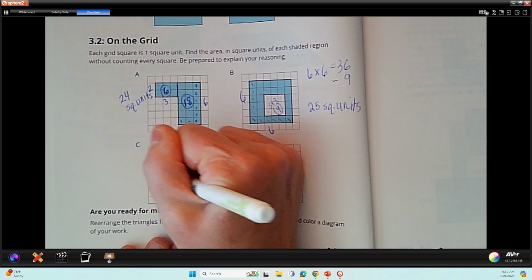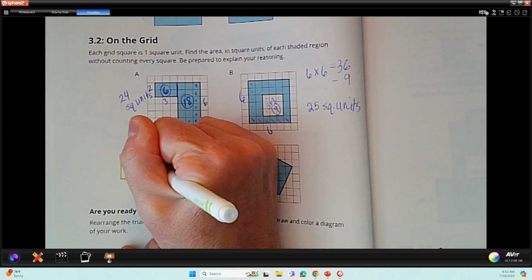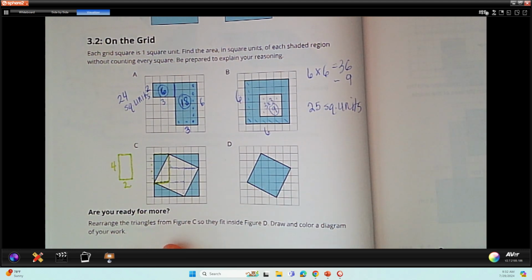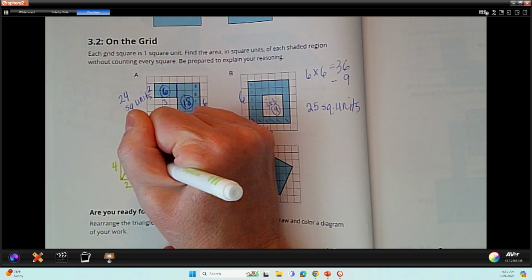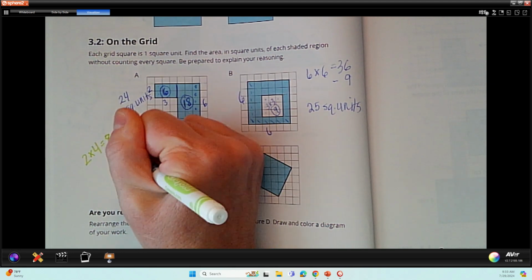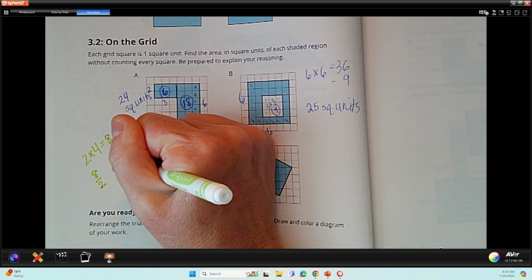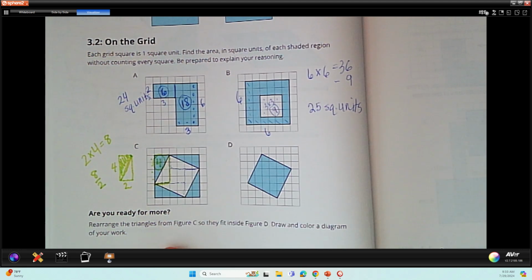So if the base is 2 and the height is 4, I'm going to sketch it on the outside here. Okay. 2 times 4 is 8, but we only have half, right? So 2 times 4 equals 8, and half of that, 8 divided by 2, means that this is just 4 square units.